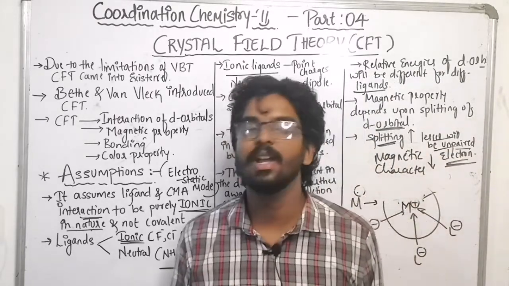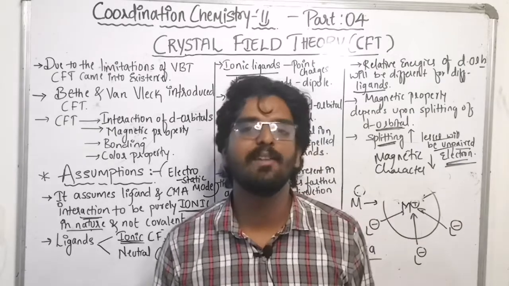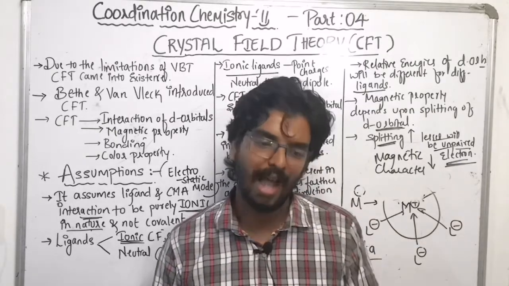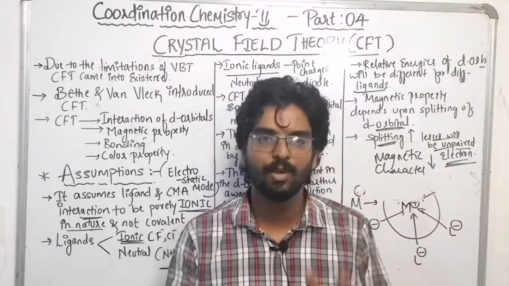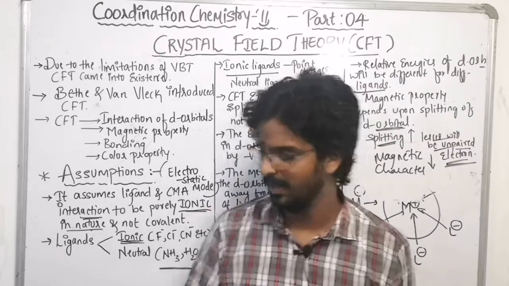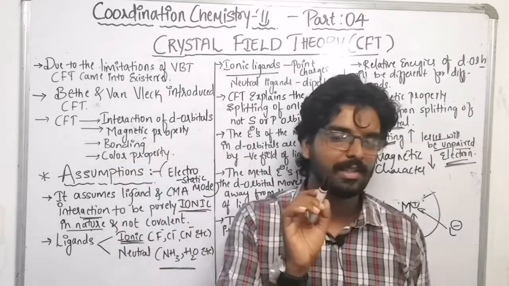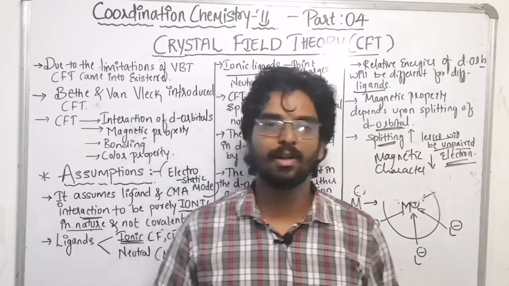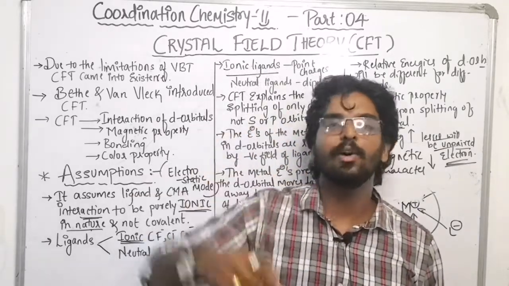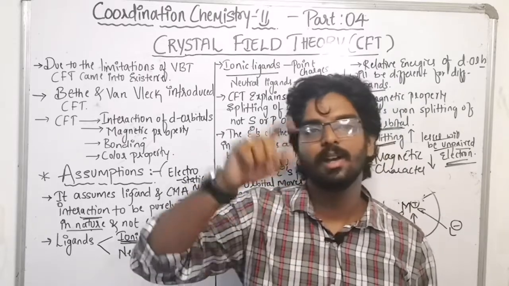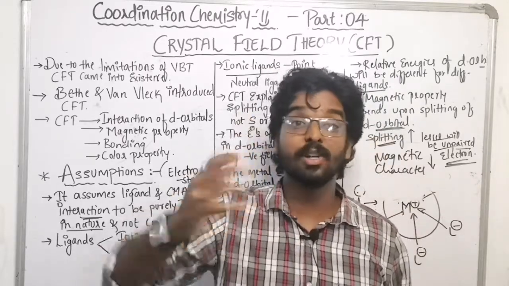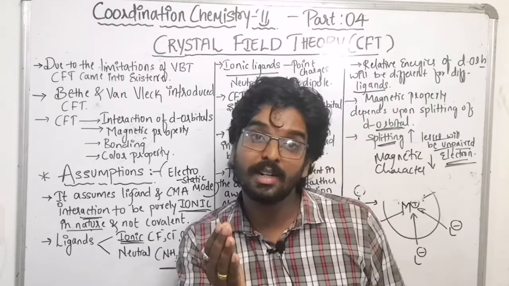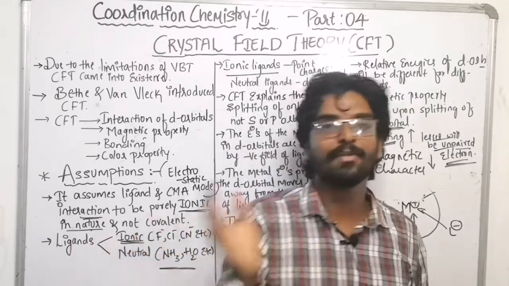So these are some of the assumptions of the crystal field theory. The actual crystal field theory depends upon the metal d orbitals, because the splitting of the d orbital takes place. Which d orbital is undergoing splitting? Which d orbital is moving far away from the ligand?